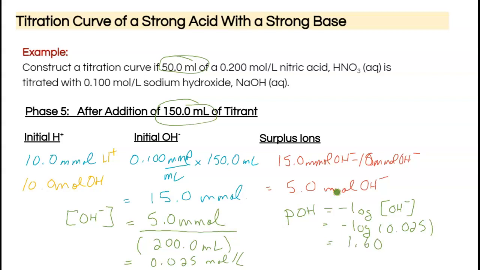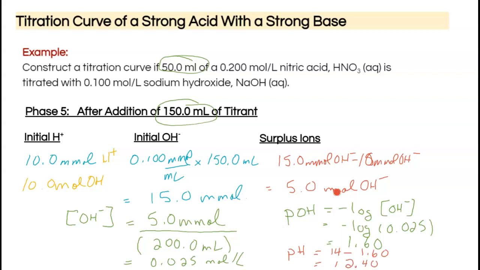Now remember, that's pOH, that's not pH. And so we need to remember that pH plus pOH is equal to 14. So 14 minus my 1.60 will give me a pH of approximately 12.40.